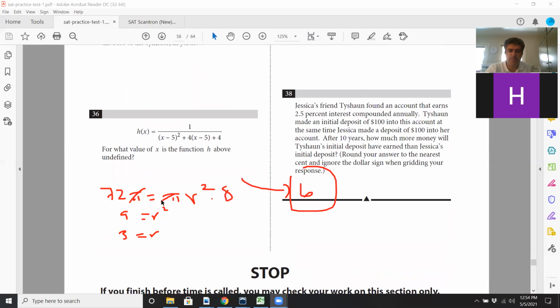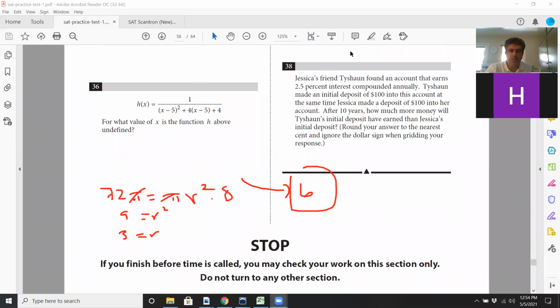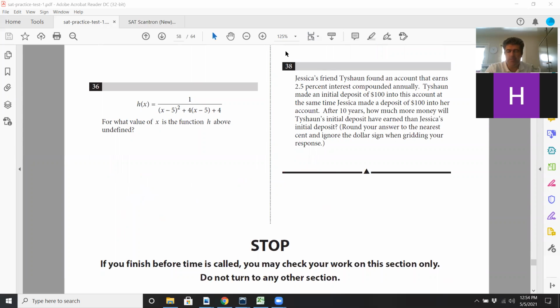Last one, number 36. This is purely conceptual. When a rational function is undefined, the bottom is 0. So we'll FOIL that.